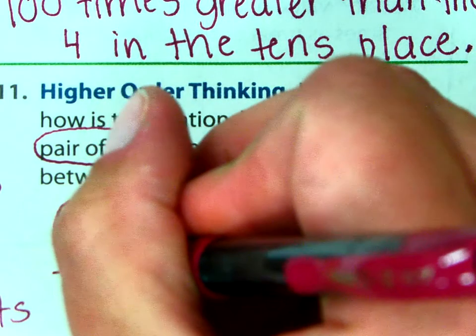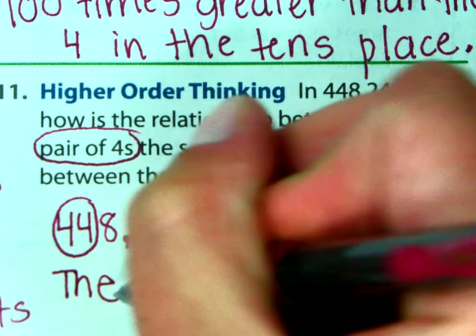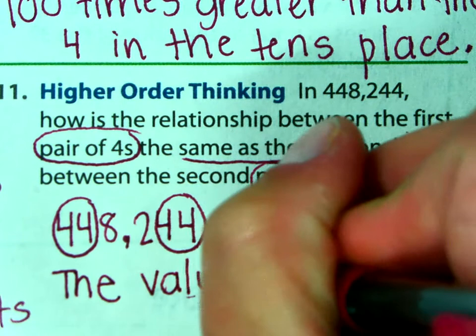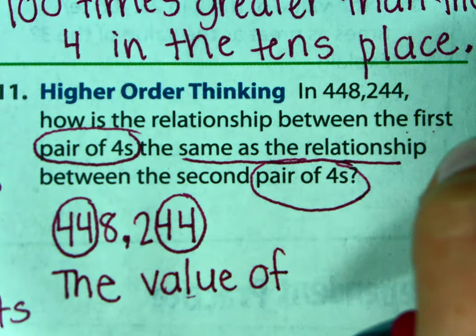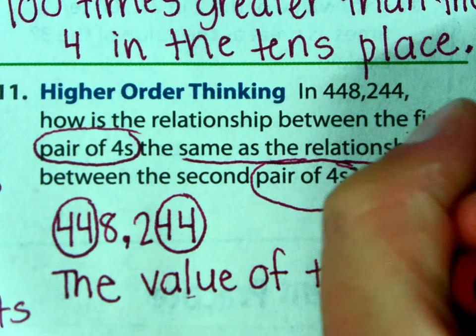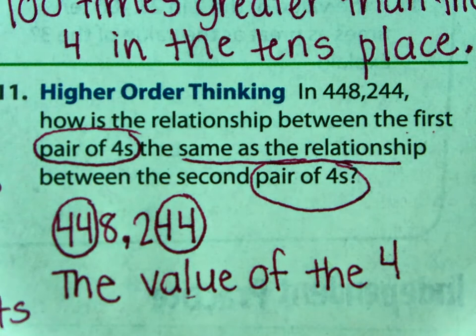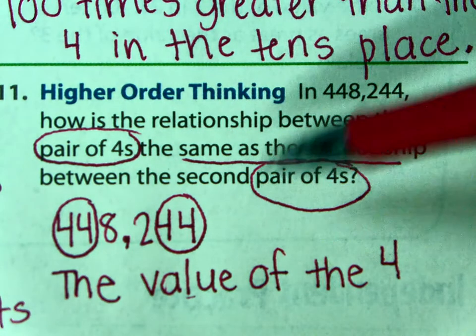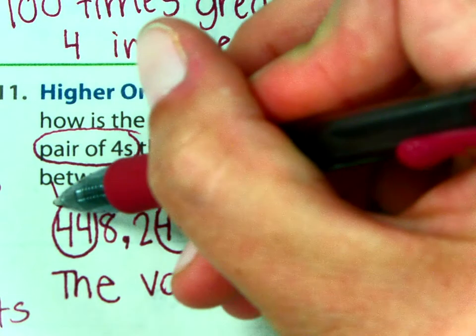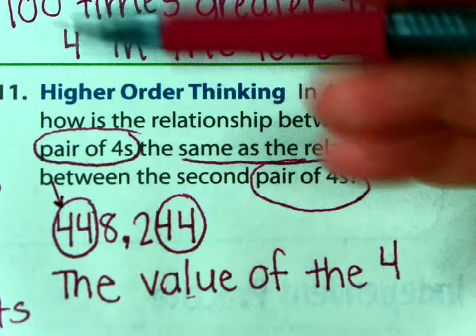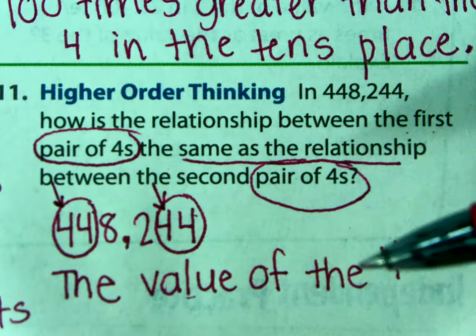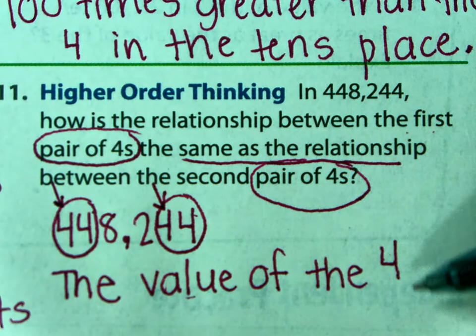So we might say something like, the value of the 4. No, which 4 are we talking about? This is where it's kind of tricky. We're talking about this 4, right? It's 10 times greater than this 4, and then this 4 is 10 times greater than this 4. We know that. So the question is, how do we write this? This is tricky even for me.